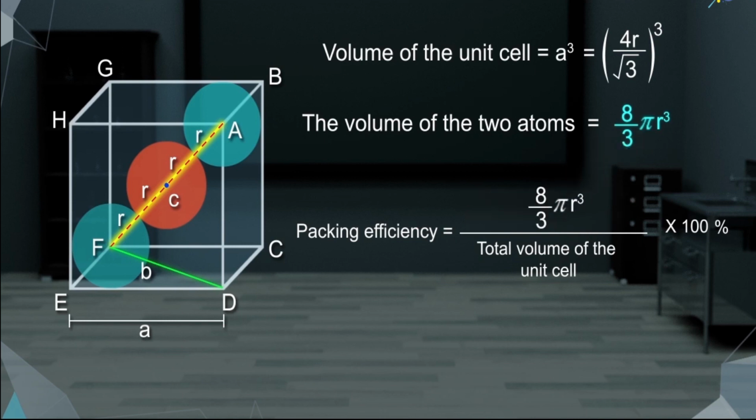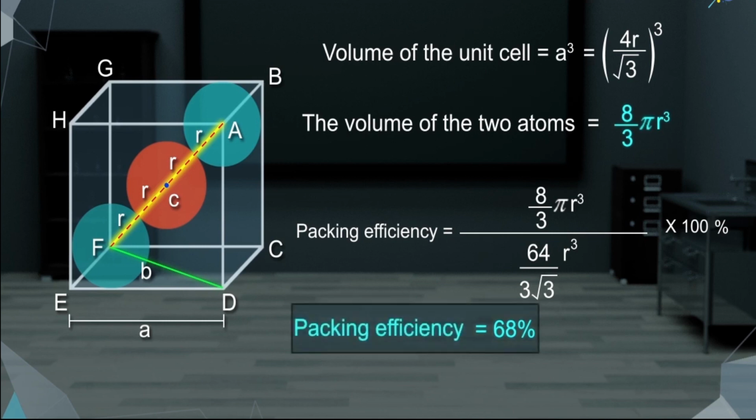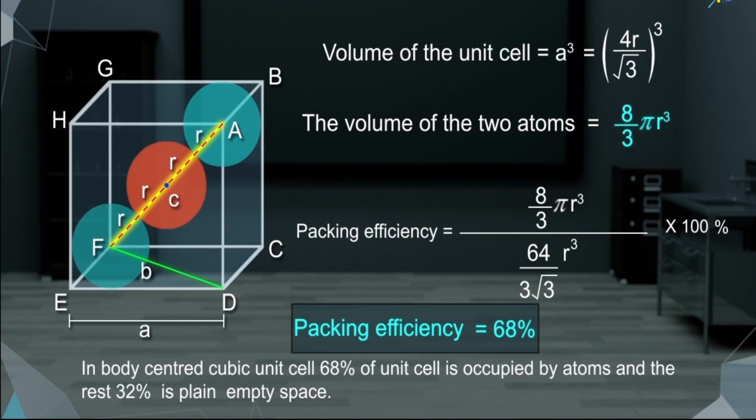Now, packing efficiency is equal to 8/3 πr³ multiplied by 100 divided by 64r³ divided by 3√3, and the packing efficiency now is equal to 68%. In a body-centered cubic unit cell, 68% of the unit cell is occupied by the atoms. Now the free space is 32%.